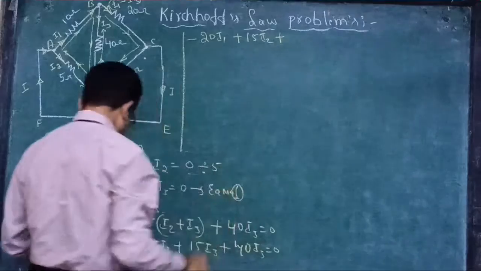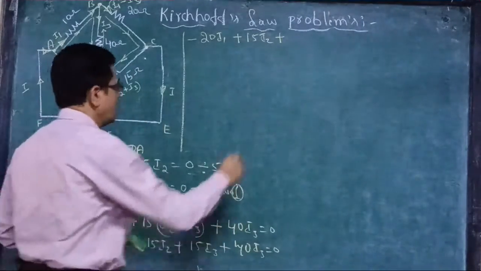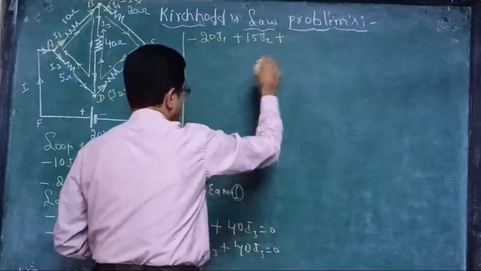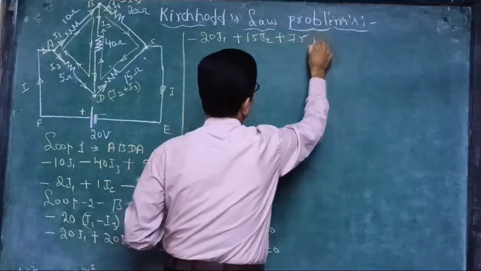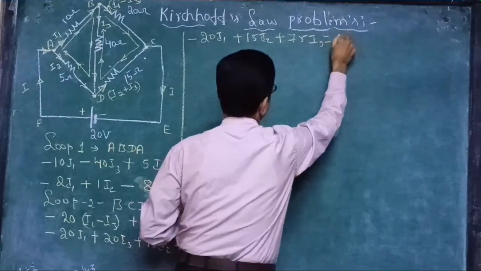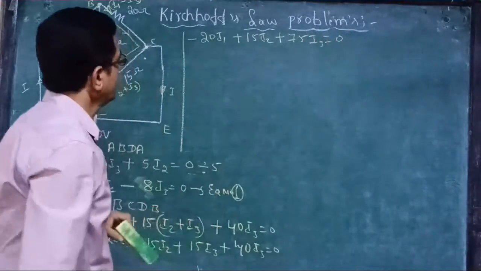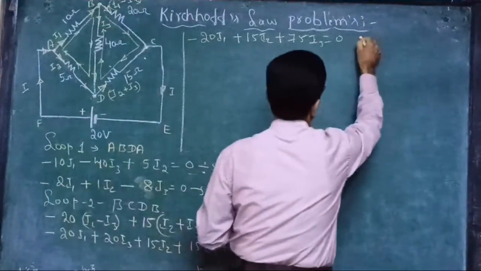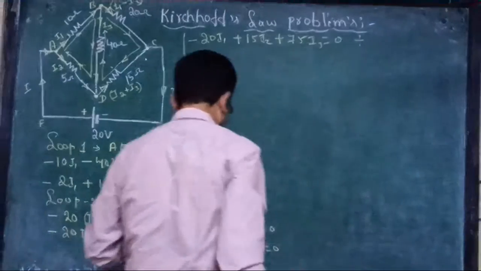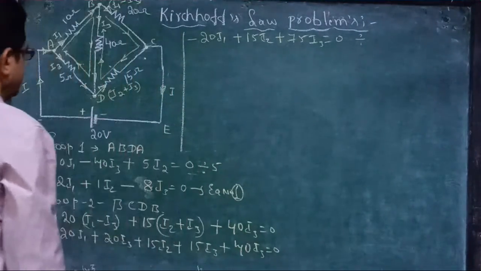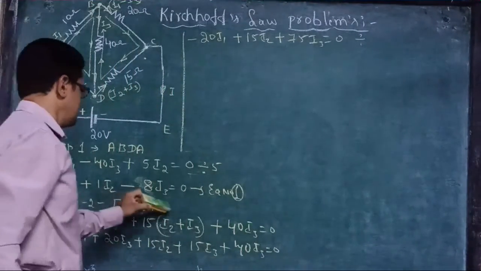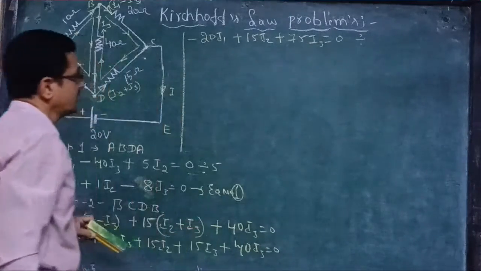75. So what is the sign? Here I have to take plus. 75 I3 is equal to 0. This is equation number 2.